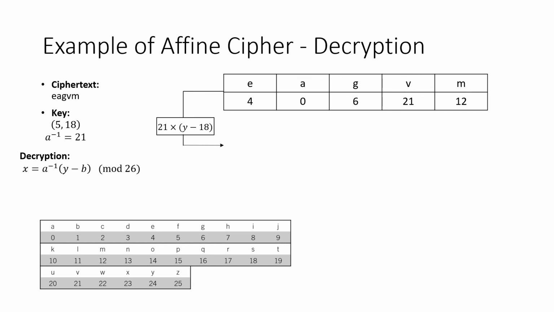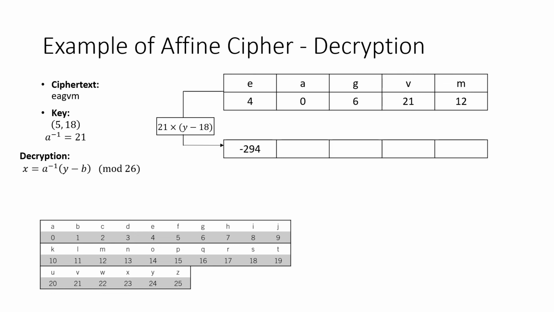So we record our decryption function one more time here, and plug in the actual values, 21 for A inverse and 18 for B, and we compute the output of this function once we plug in the values of the ciphertext. So for example, we plug in 4, we get negative 224, and similarly we plug in other values. We record the output of this function one more time, and I've done the calculation for you here.